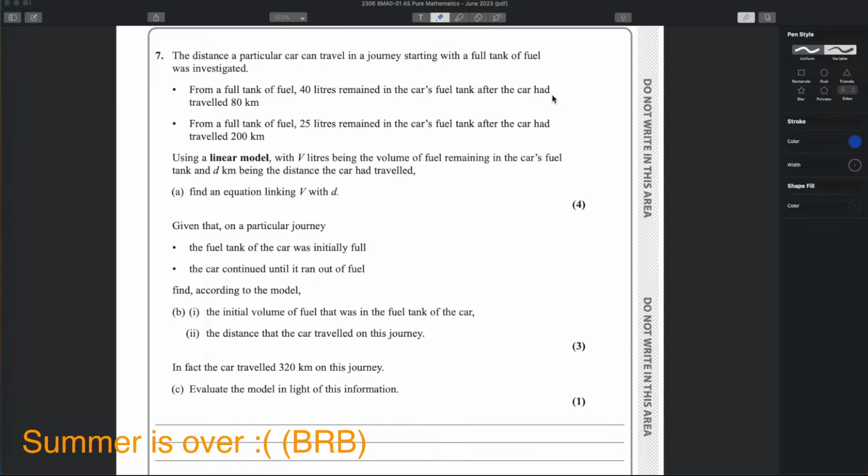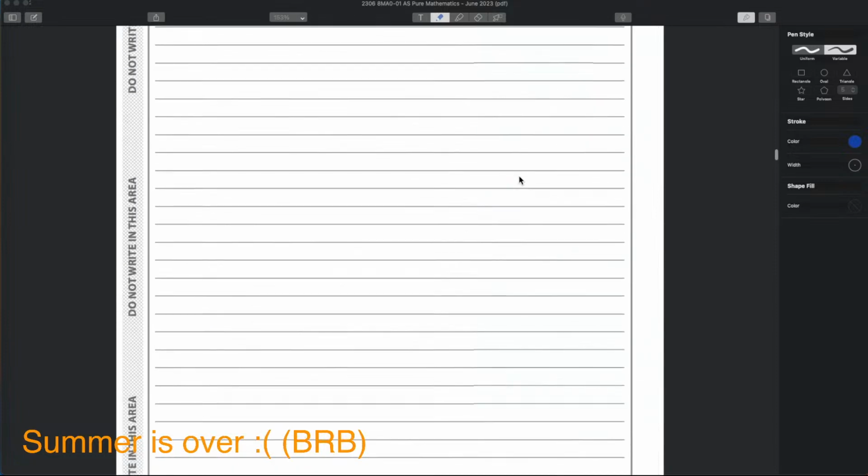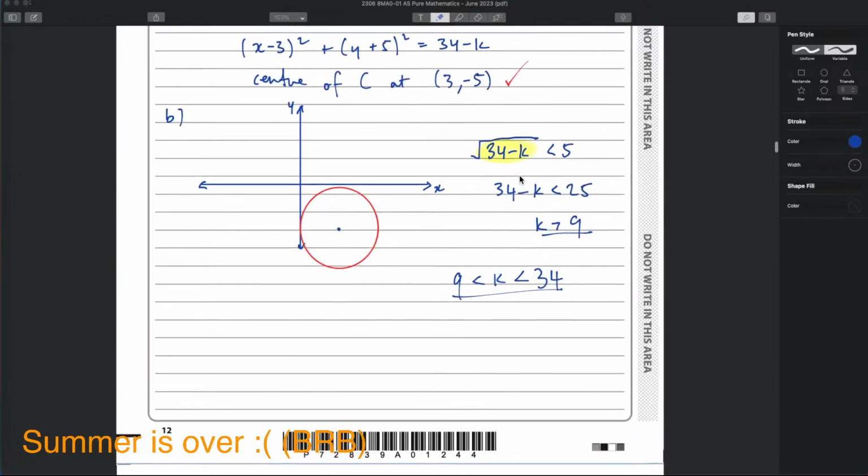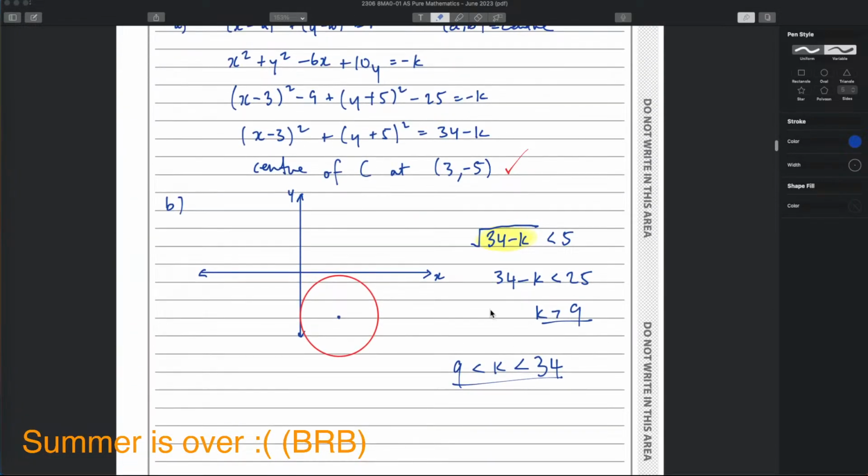K would be greater than negative 34. Greater than negative 34.